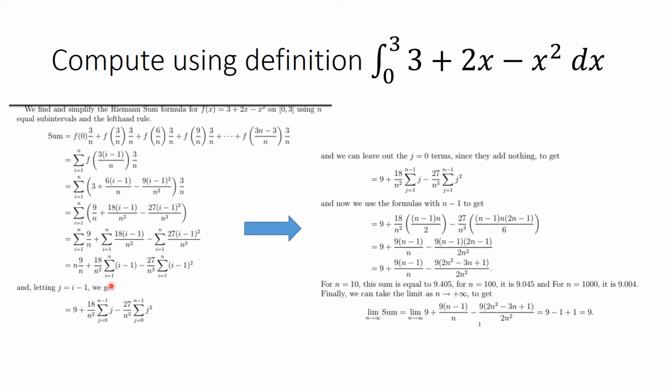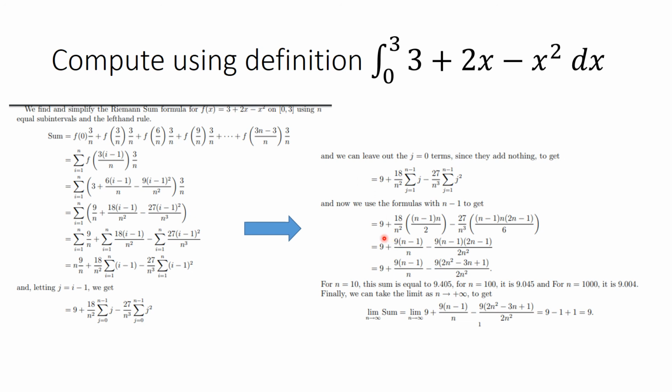Now these start at 0 and go to n minus 1, if you look at what we're plugging in. And so our formulas would actually be calculated for 1, 2, up to n minus 1. So that's what we get when we change the variable to j, just to make it match up with our formulas.